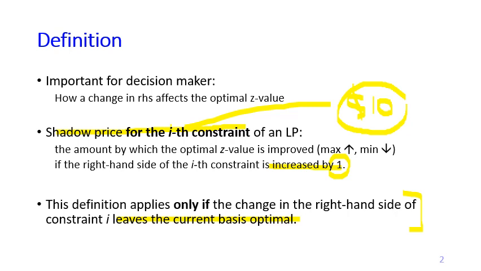Well, you may do that if you already checked that increasing finishing availability by 2 hours keeps the current basis optimal. Okay, so you may only use this definition of the shadow price of the particular constraint with respect to change in the right-hand side only if that change leaves the current basis optimal.